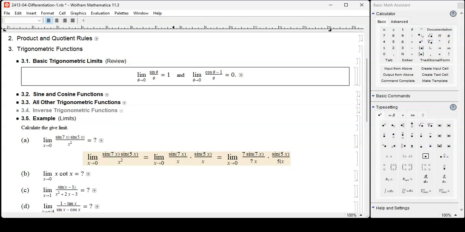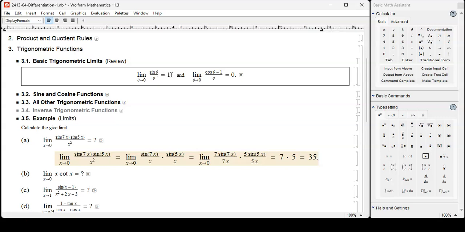Put 5 here, and multiply by 5, so that the 7x replaces theta. This 5x here and there replaces theta. So the answer is 7 times 5, that's 35. You see, sine of 7x over 7x, that's 1. Sine of 5x over 5x, that is 1. What's left is 7 times 5.